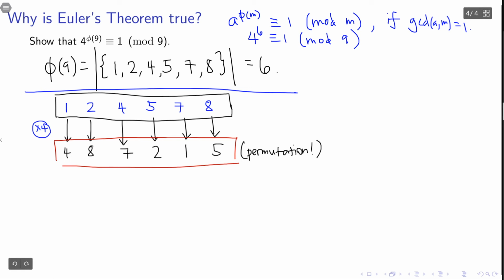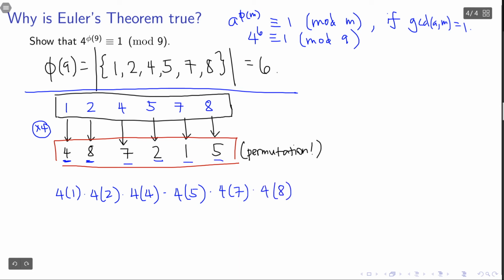So I can write this as the statement 4 times 1, which is what I got here, times 4 times 2, which is this, times 4 times 4, which gave me that 7 there, 4 times 5, which gave me that 2, 4 times 7, which gave me that 1, and finally 4 times 8, which gave me that 5.